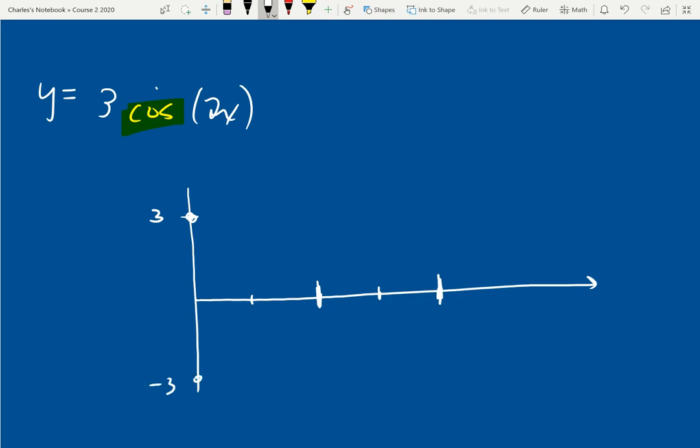It's going to be negative 3. So my amplitude is 3. My period is 2 pi divided by b, which is 2, so it's going to be pi. Let's call this pi and this 2 pi. Now with the cosine functions, it's a little bit different.